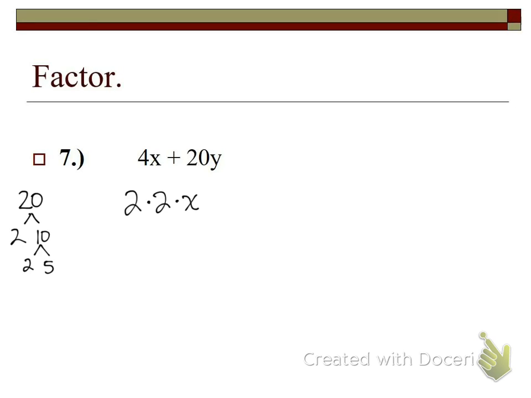Okay. So to break down 20y, it would be 2 times 2 times 5 times y. Prime factorization. Do we have questions about it? So what do we have matches of? 2.